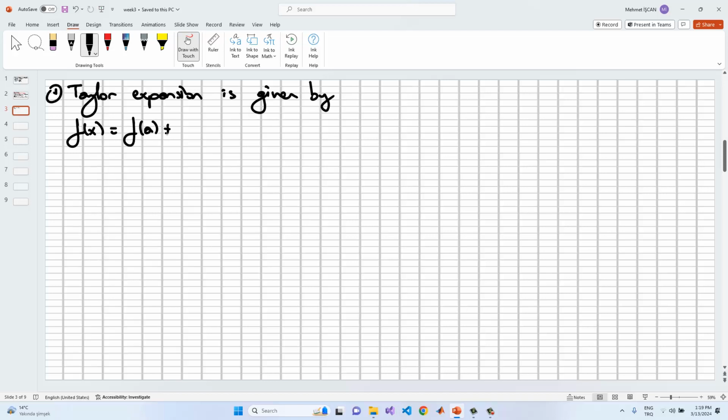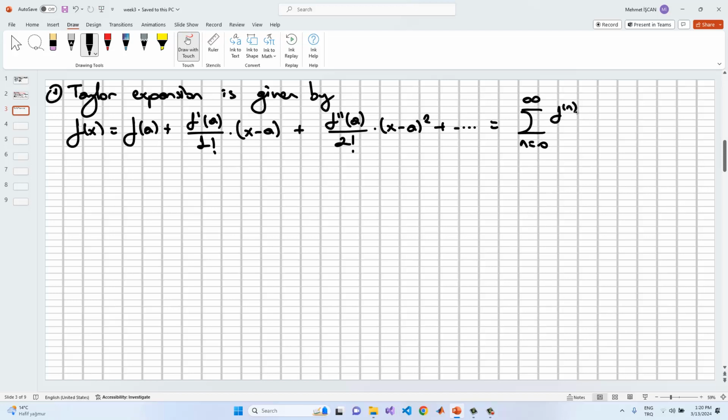The f(a) plus f derivative a over 1 factorial times (x minus a) plus f double derivative over 2 factorial times (x minus a) squared plus blah blah blah. And so we have the final form just like this one: the sum for n equal to 0 to infinity of f n-th order derivative at a, over n factorial, times (x minus a) to the n. This is the collection of these terms.